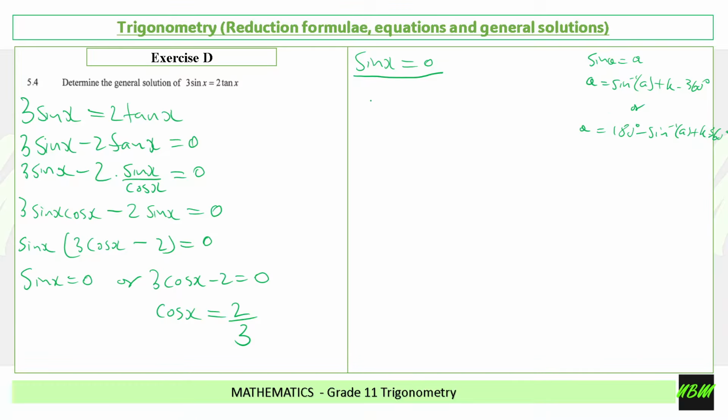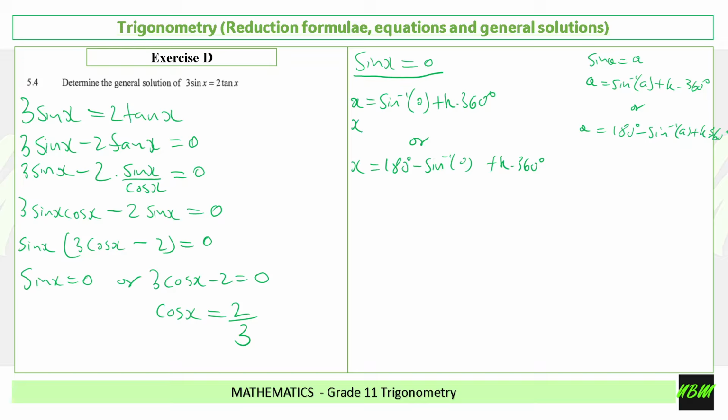So applying that formula, sine x is equal to 0, we are going to get x is equal to sine inverse of 0 plus k times 360 degrees, or x is equal to 180 degrees minus sine inverse 0 plus k times 360 degrees.